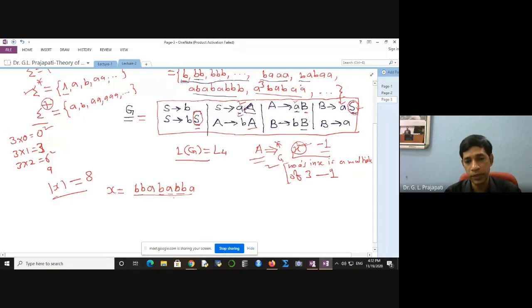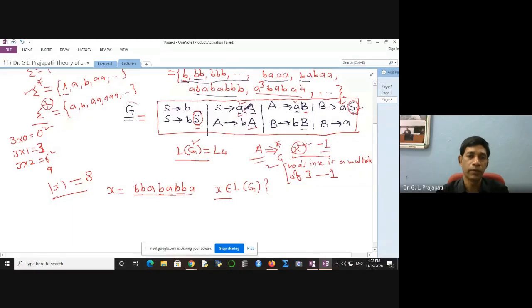Now, if somebody gives you the grammar rules, and you are given a grammar, and I want to generate this sentence, it means you need to verify whether this X belongs to the language generated by the grammar G or not. So you may be given a problem like this.